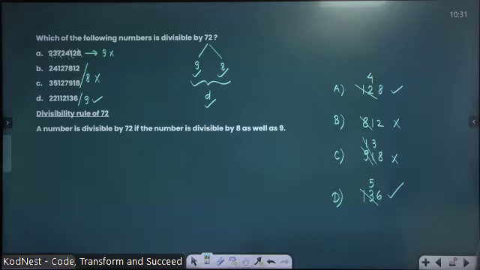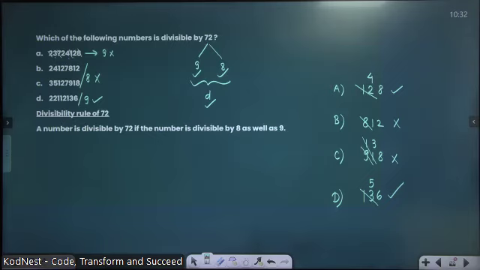Why will you take 9 and 2? Why will you take 9 and 2? Nine 8s are 72, right? So 72. 9 and 2 you would take for 80 because their LCM is 80.